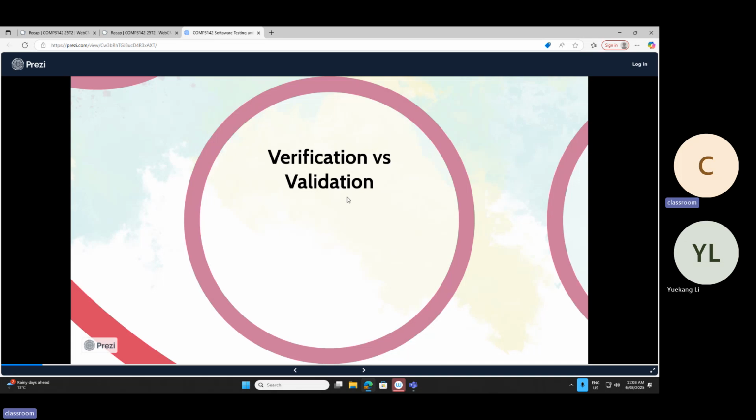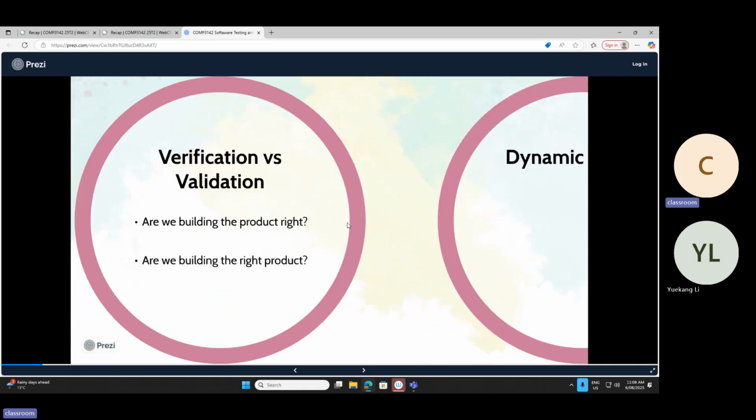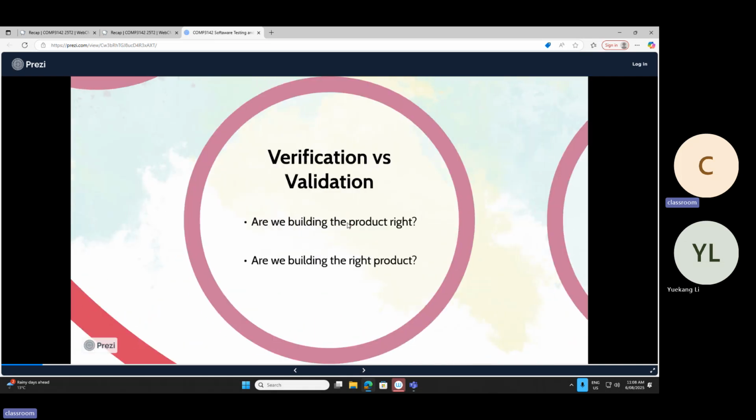We also learned the concepts of verification and validation. In plain terms, they are related to: are we building the product right, and are we building the right product? Can you still remember which one is which? Are we building the product right, is it verification or validation?